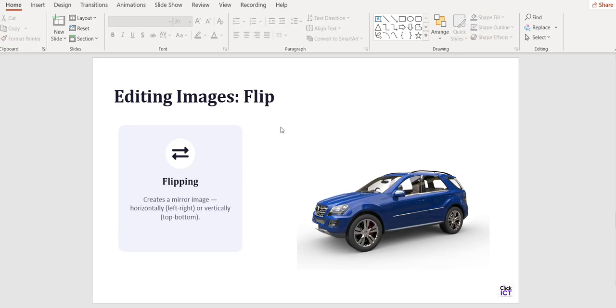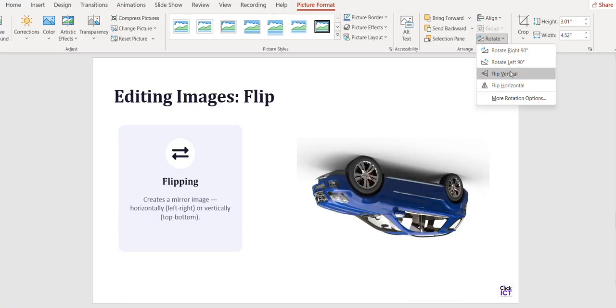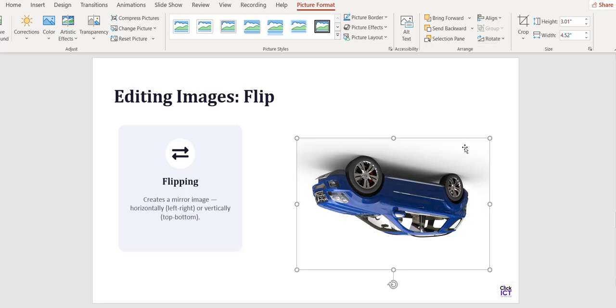Flipping the image creates the mirror image either horizontally or vertically. The horizontal means that it is going to create the image from left to right or right to left, or vertically it is going to be from top to bottom. So let's try to flip this image. Go to rotate and flip vertically.